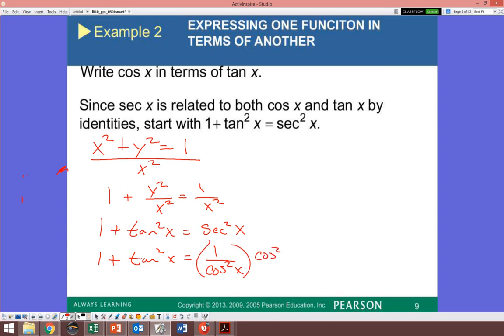I'm just going to put cosine squared instead of the x because I don't want to mistake it from what I have up here. So I'm going to multiply both sides by cosine squared. So now I have cosine squared times 1 plus tan squared equals 1, right?